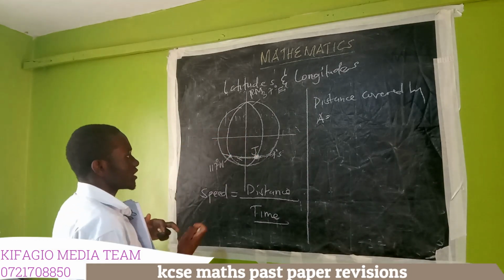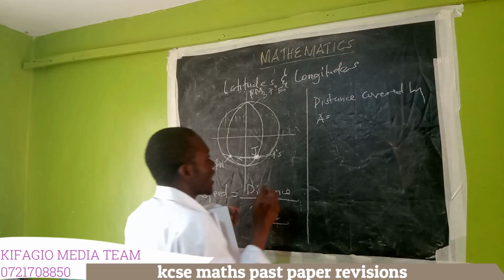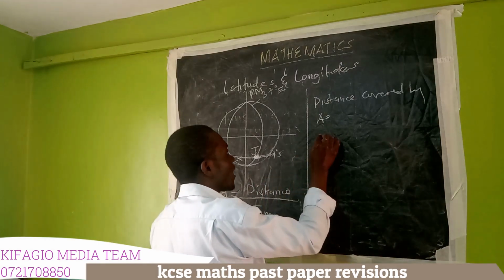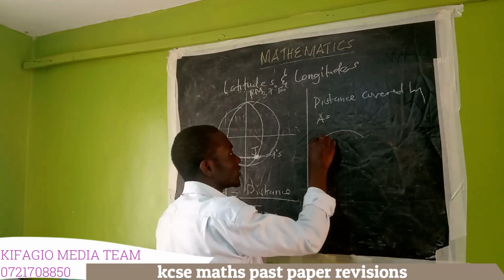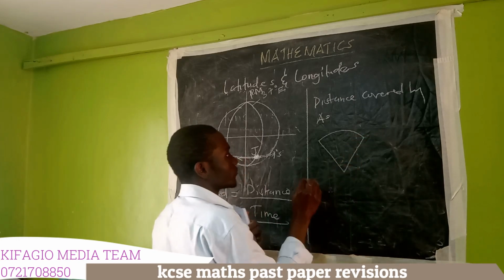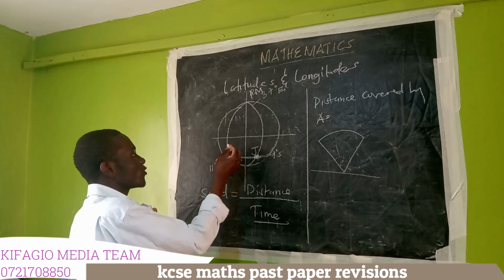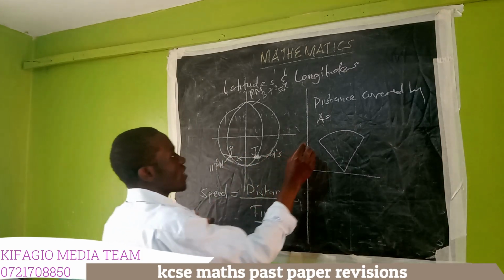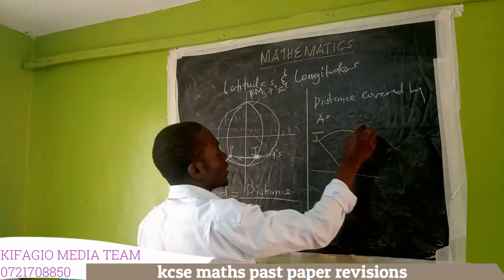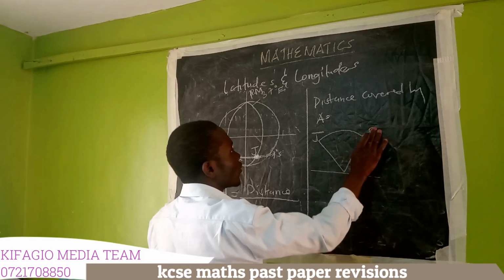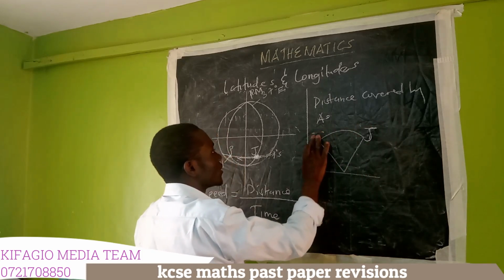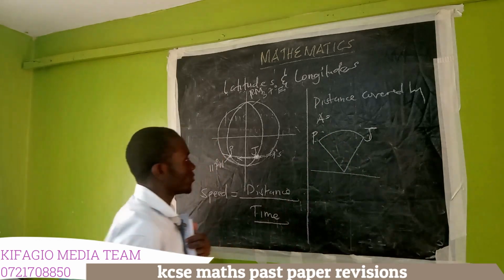So if I was to bring it down to draw a 2D diagram, I will have J there, and I'm having P here, or interchangeably, JP.